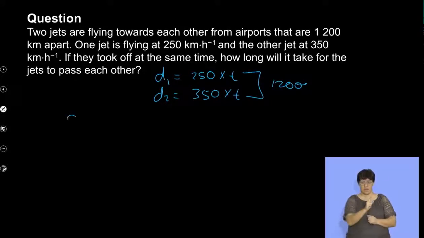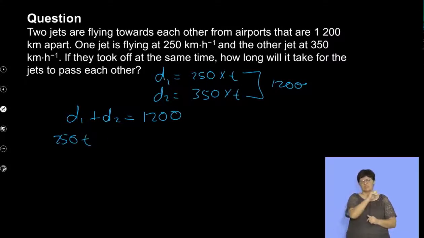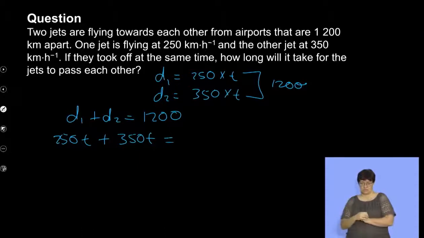So D1 plus D2 is equal to 1,200, where D1 was 250T plus D2 was 350T, and this is equal to 1,200.